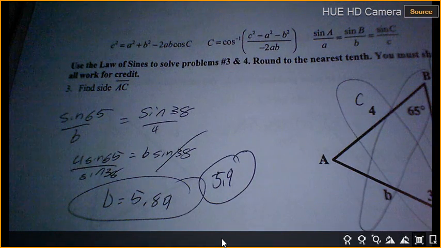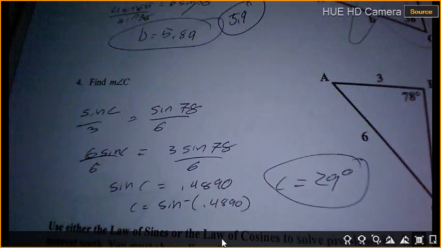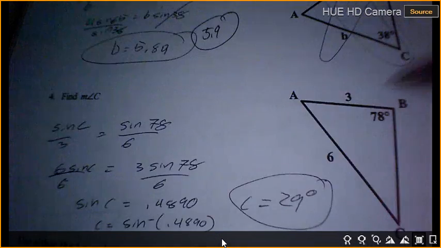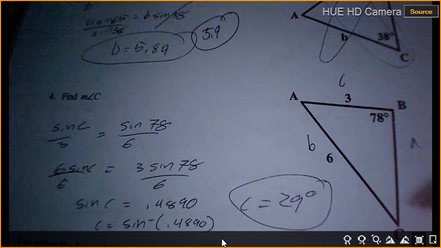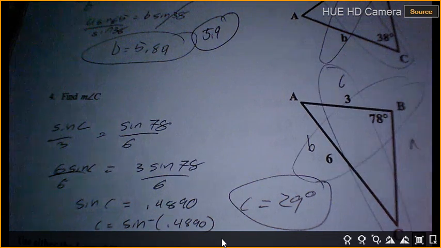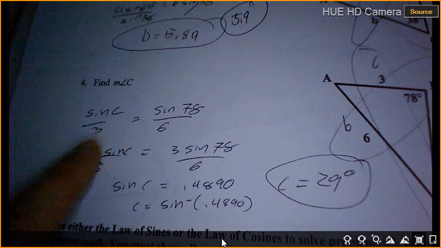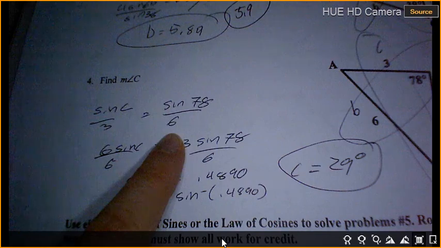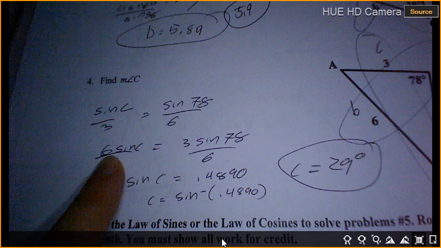Okay. Number 4, it's where we have to find the angle. So again, I'm labeling it little b, little c, little a. I am looking for angle C. I have B's side and angle. So I'm going to say sine of C over 3 equals sine of 78 over 6. Cross multiply, I get 6 sine C equals 3 sine 78.